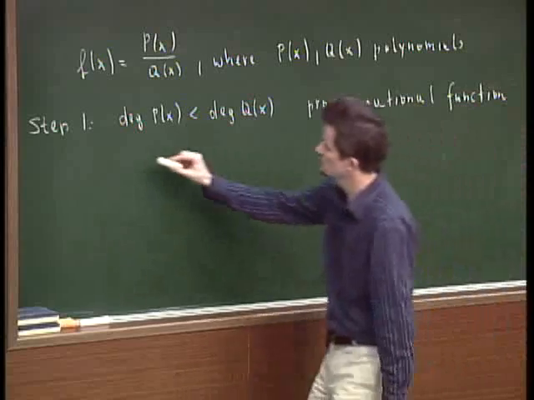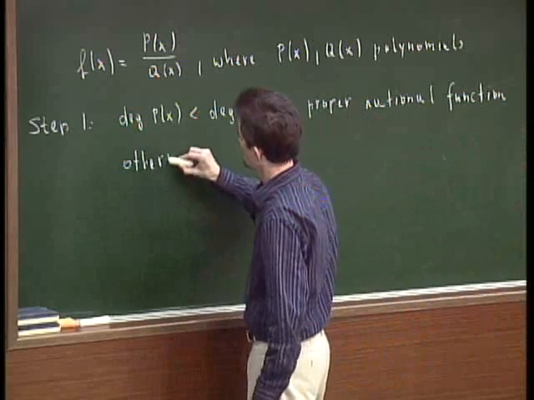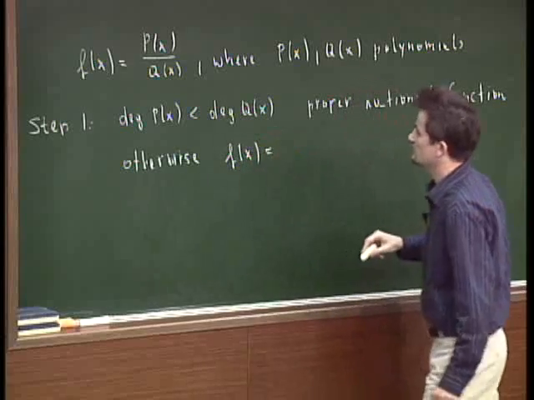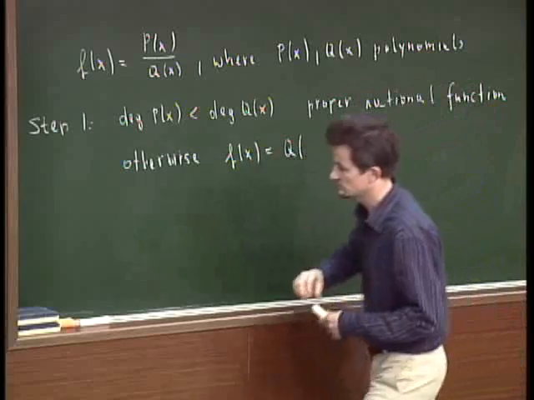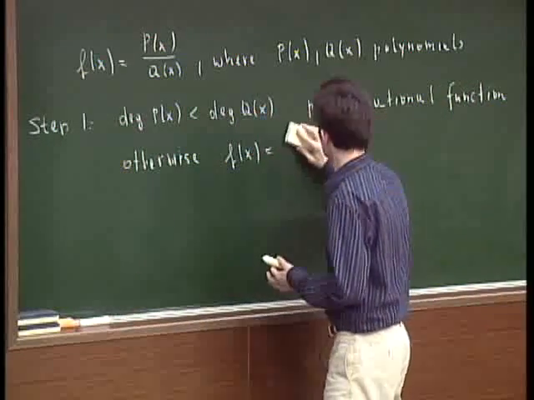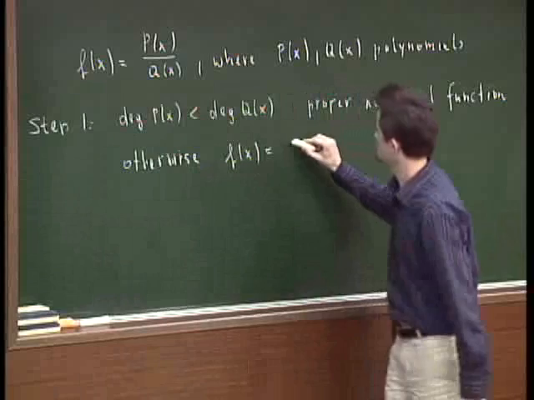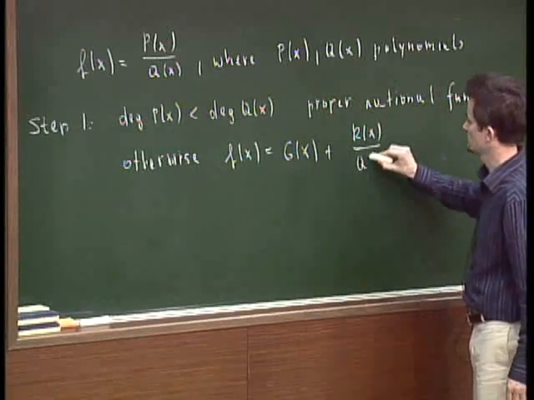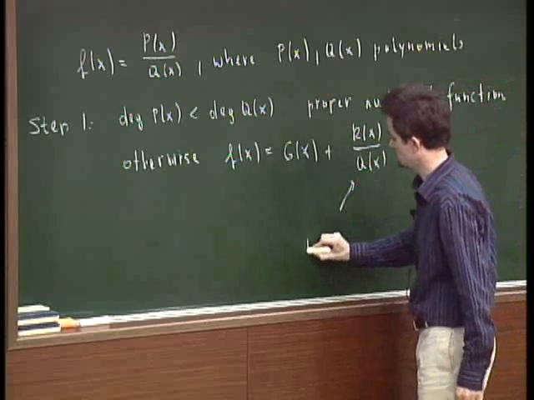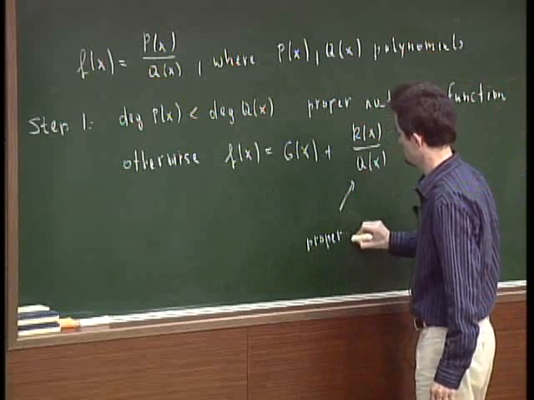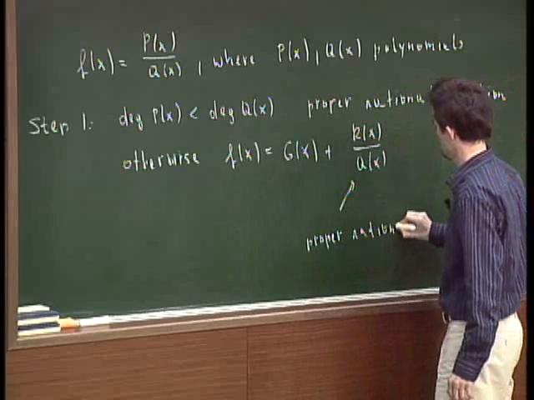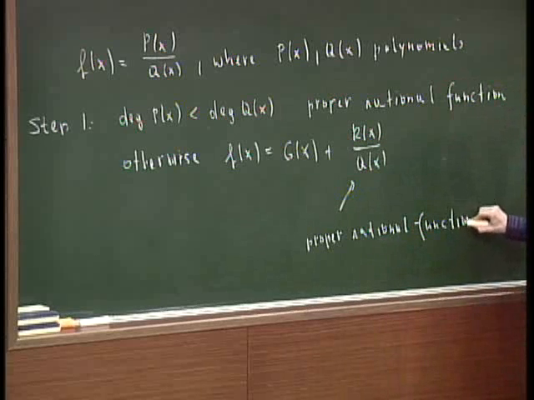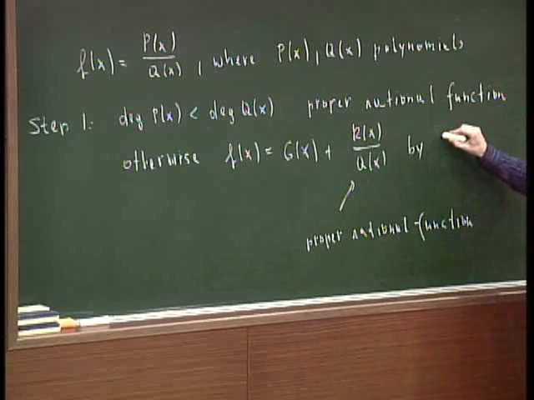Otherwise, we can write f(x) as some polynomial plus a proper rational function. This one here is proper, and this is obtained by long division.